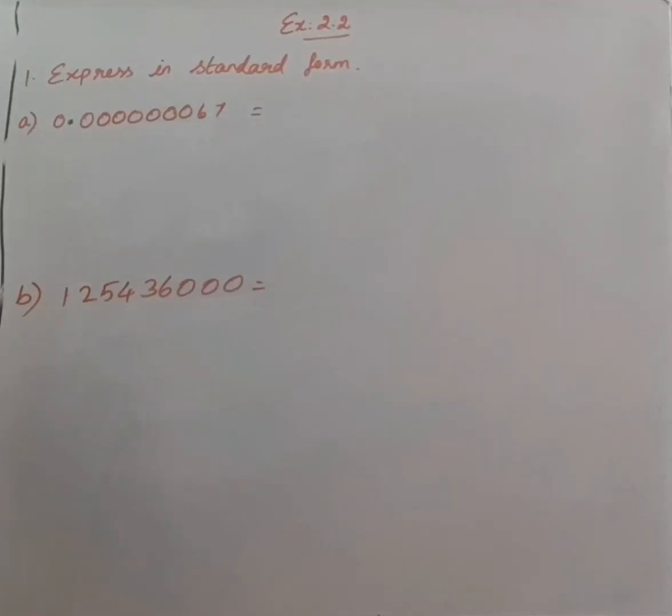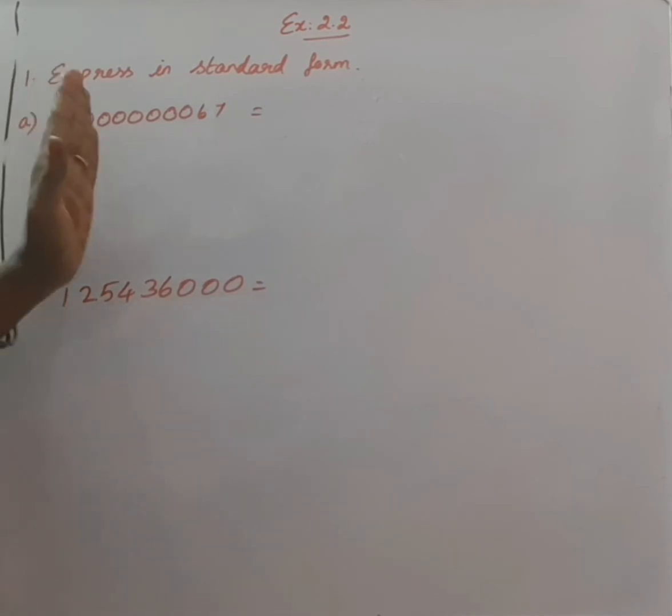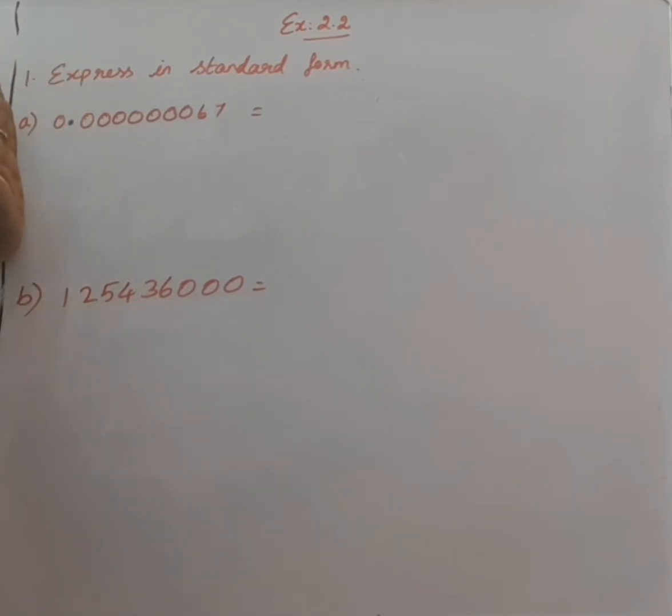The next exercise, Exercise 2.2. Express in standard form. Okay. Here, first you want to know which is the integral part and which is the decimal part. The left side of a decimal is called the integral part.